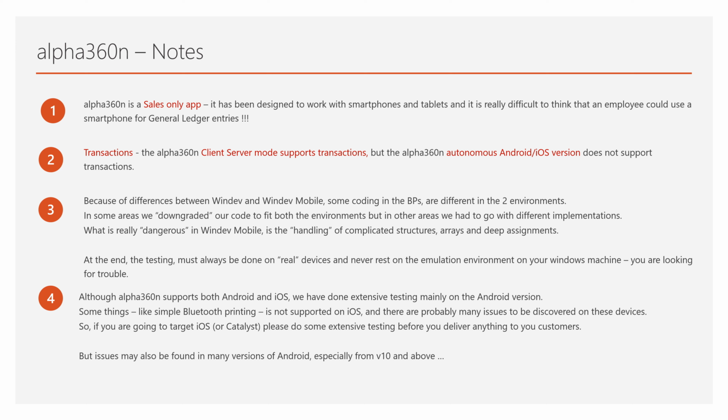So, if you are going to target iOS or Catalyst, please do some extensive testing before you deliver anything to your customers. But also note that there are a lot of differences between versions of the Android OS. Especially from version 10 and above, there are a lot of issues.